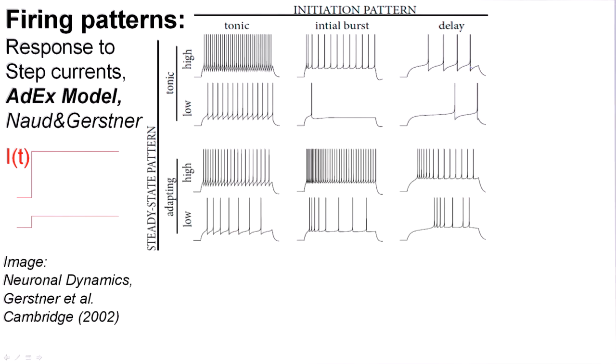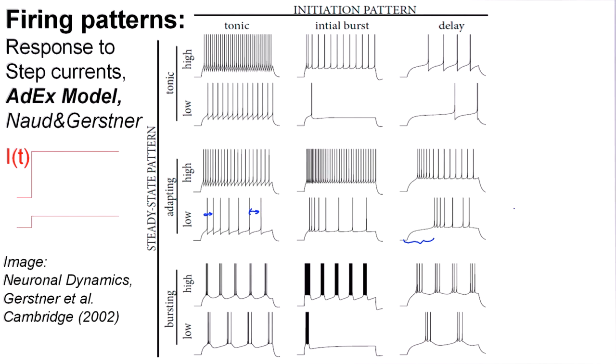Here the case of adaptation, interspike intervals start small and get longer thereafter. There's delayed spike followed by adapting behavior. And there's also bursting, regular bursting, just initial bursting, bursts that start after delay. So there is a variety of different firing patterns in one single neuron model.